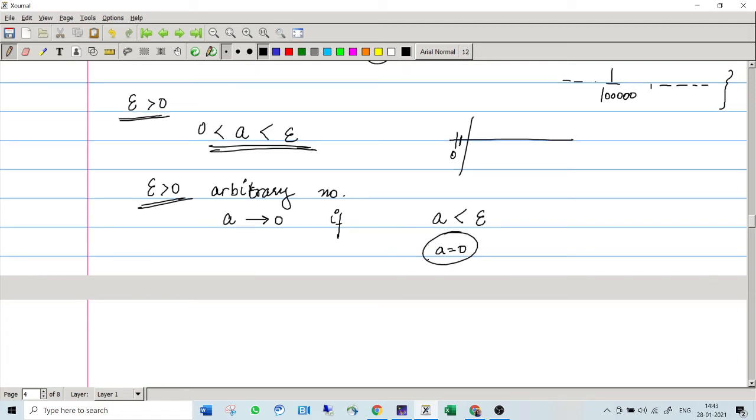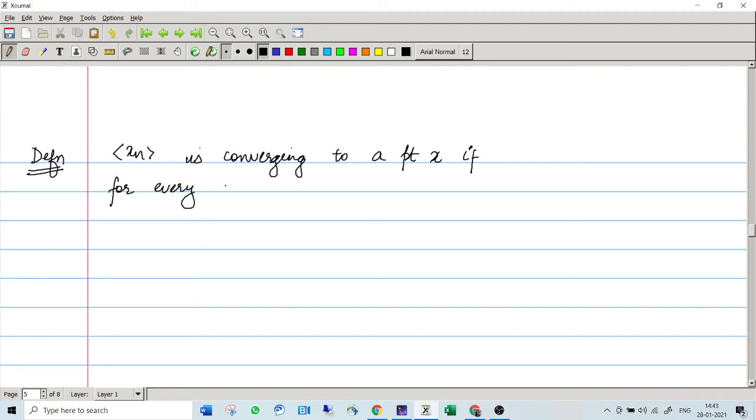Now coming to the definition of convergence of a sequence, you say that a sequence xn is converging to a point x if for every epsilon greater than 0, we saw that the distance between xn and x is getting very minute.